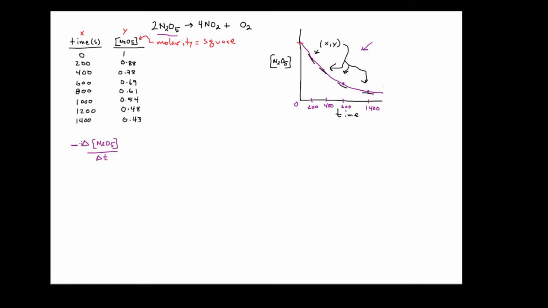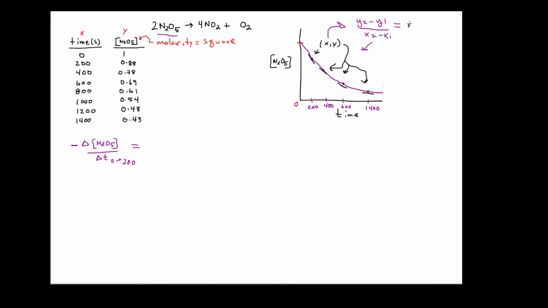So we use a negative sign to indicate that, and I'll put our time interval in, which is going to be from 0 to 200. Whoops, 0 to 200. Now this is going to be equal to, and remember, we're essentially looking at the slope of a tangent, and the slope function here is y2 minus y1 over x2 minus x1.